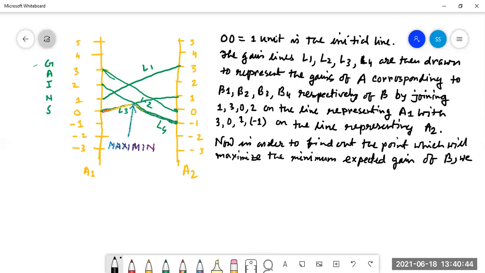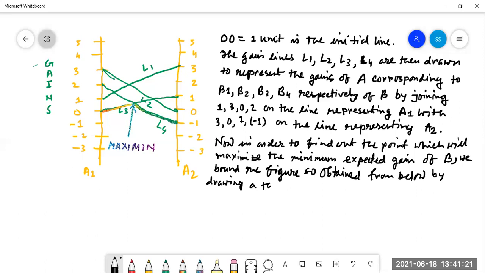We bound the figure so obtained from below by drawing a thick line. This is the thick line which we have drawn as the maximum.